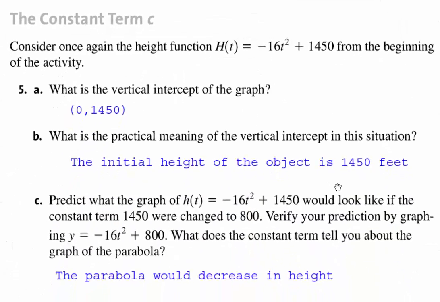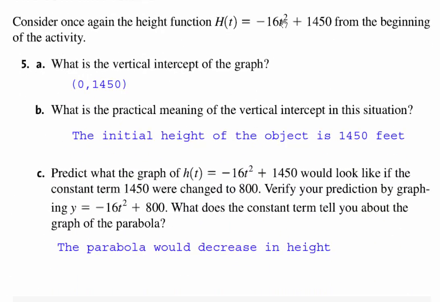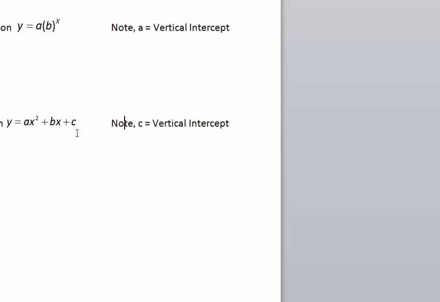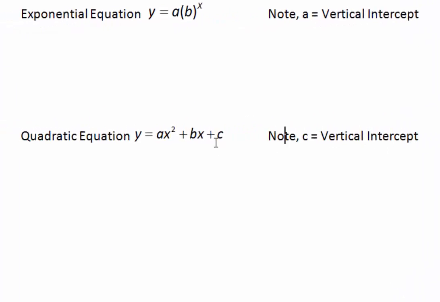Next, we're asked a few things about the constant term c. So we're going back to the original function, the h of t equals -16t squared plus 1,450. And we're asked for the vertical intercept. Well, remember, the c term is our vertical intercept. We have ax squared plus bx plus c.